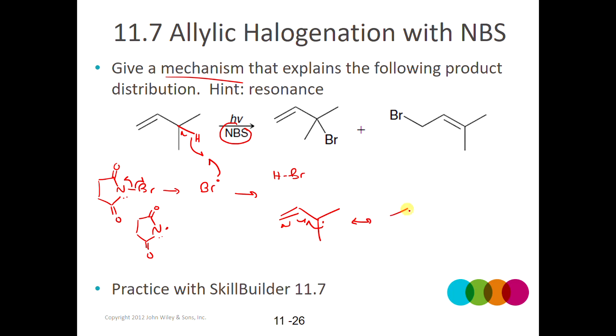And it's really important to recognize that resonance, because if you don't, you won't necessarily be able to predict the products that are produced. If you just memorize that the allylic hydrogen is replaced with the bromine, then you could probably predict the production of this product.